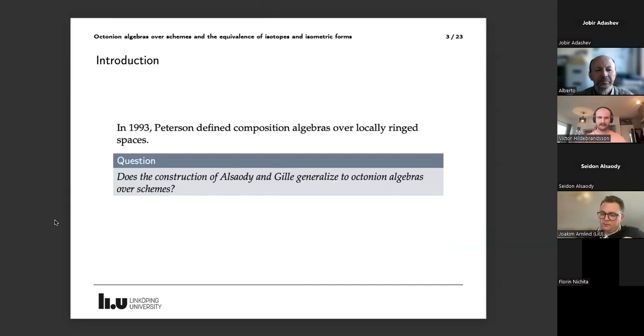And in the 90s, Holger Petersson defined composition algebras over a general locally ringed space.